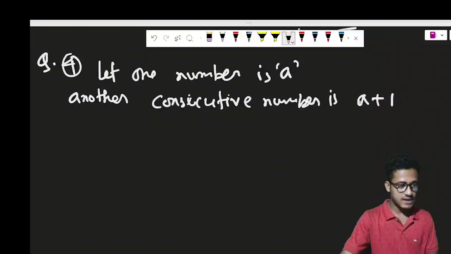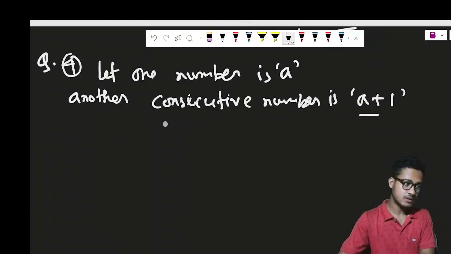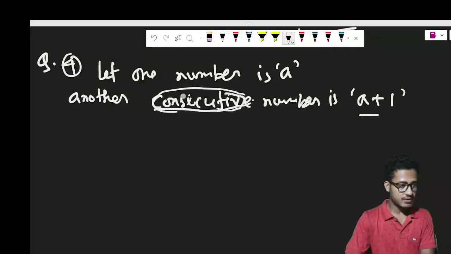If one is a, the consecutive number of a is a plus 1.